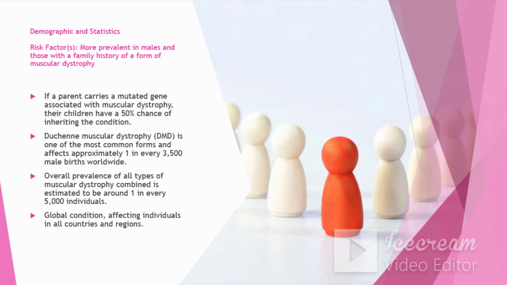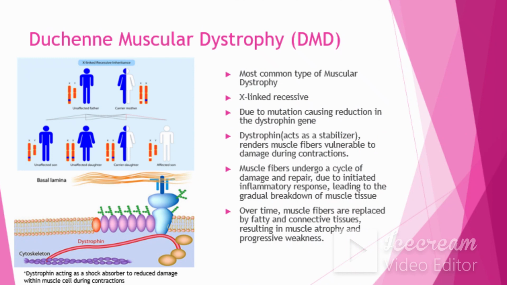Duchenne muscular dystrophy is one of the most common forms and affects approximately 1 in every 3,500 male births worldwide. The overall prevalence of all muscular dystrophies combined is estimated to be around 1 in every 5,000 individuals. We just mentioned that Duchenne muscular dystrophy is the most common type, as well as the X-linked recessive component.